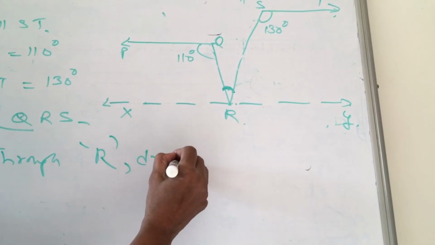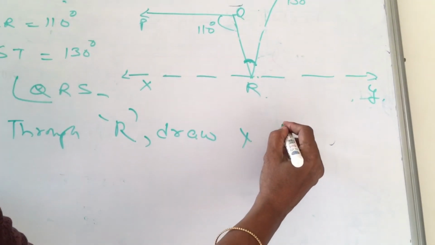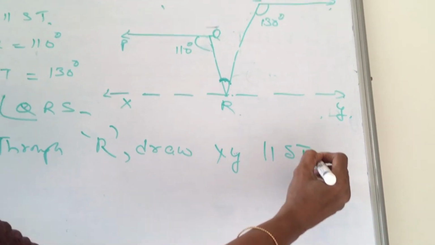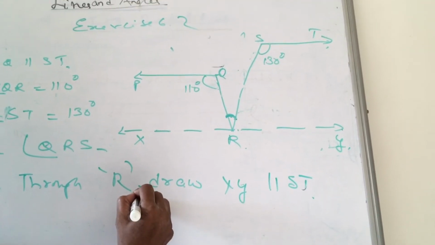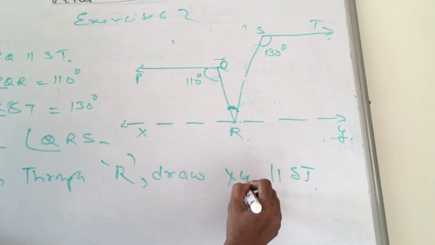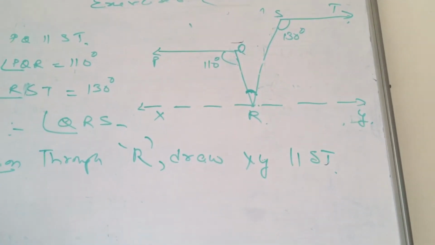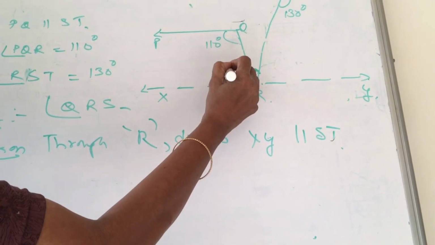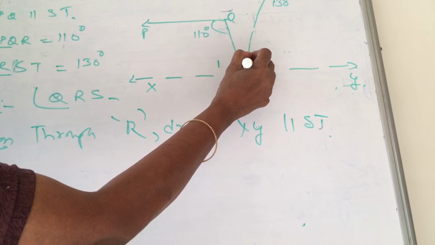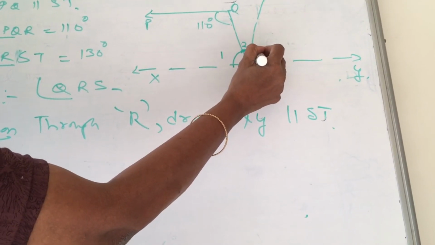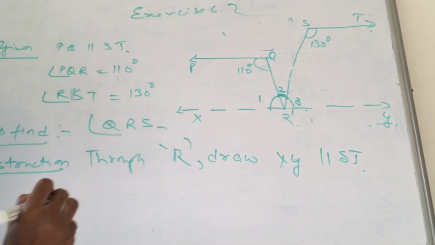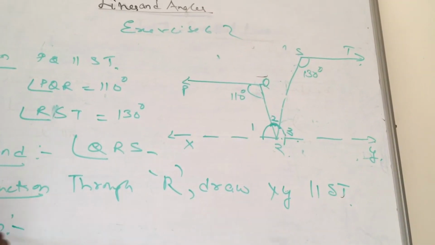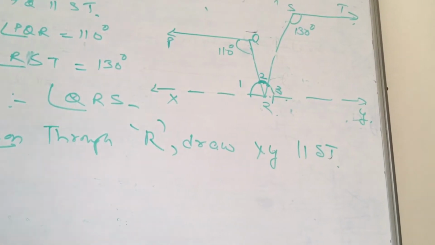Through R, draw XY parallel to ST. Make use of the properties of parallel lines. For your convenience, I am naming the angles as 1, 2, 3. Yes, solution. Numerical sums means solution. Yes, girls, observe.